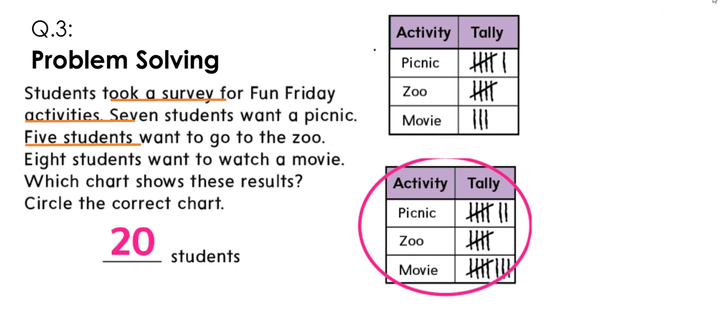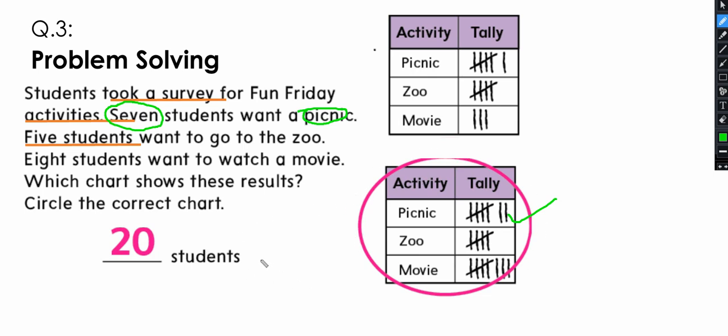I think yes, it's right, because remember, we are looking for 7 for picnic. So yes. Zoo. 5 students want to go to the zoo. Zoo. 5 and 5. They're both right. But picnic is wrong. That's why this is the correct one.